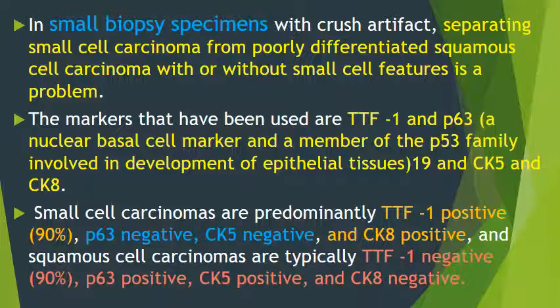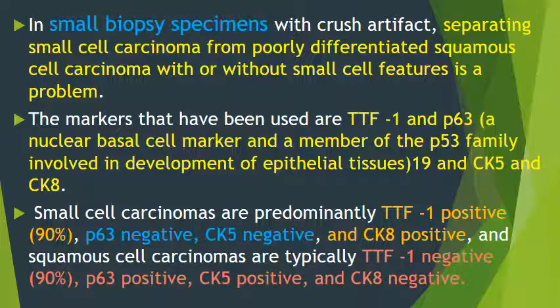CK5 is negative in small cell carcinoma and positive in squamous cell carcinoma. CK8 is positive in small cell carcinoma while negative in squamous cell carcinoma. By using this panel, we can differentiate small cell carcinoma in small biopsies with crush artifact from poorly differentiated squamous cell carcinoma.